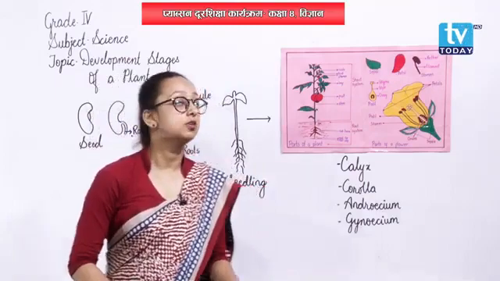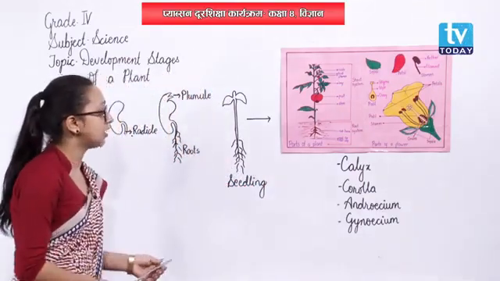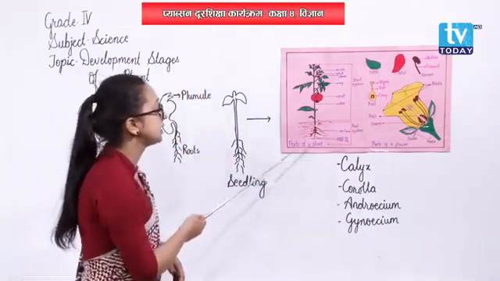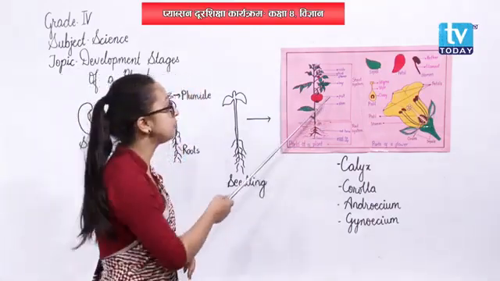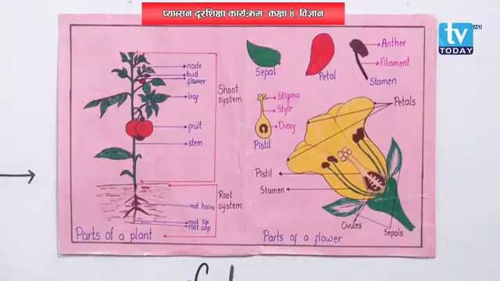Now students, we discussed parts of a plant and their functions, right? Do you remember what is the function of leaf? Leaf helps to prepare food for the plants, and root absorbs water and minerals from the soil.